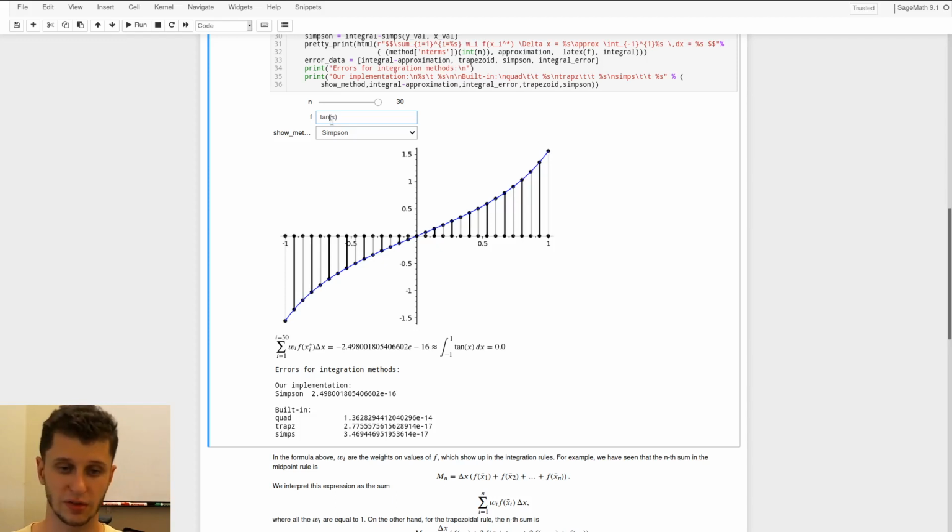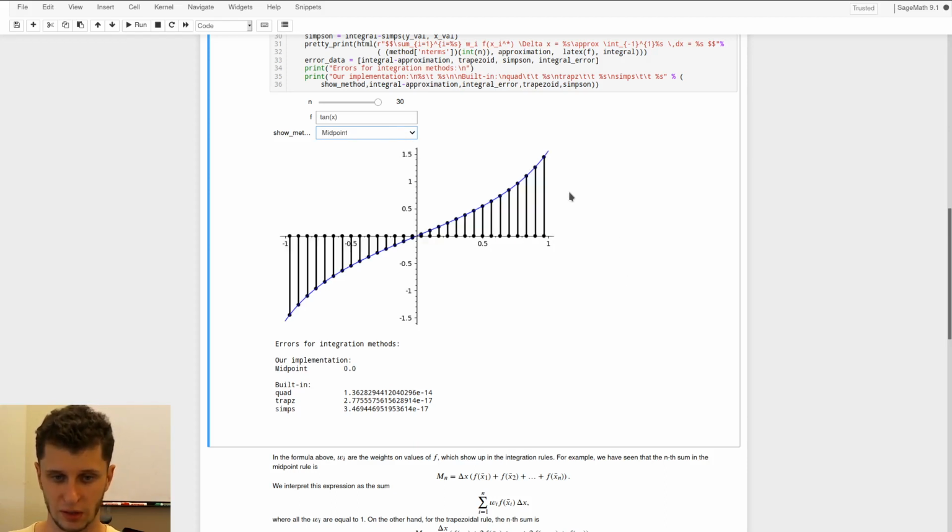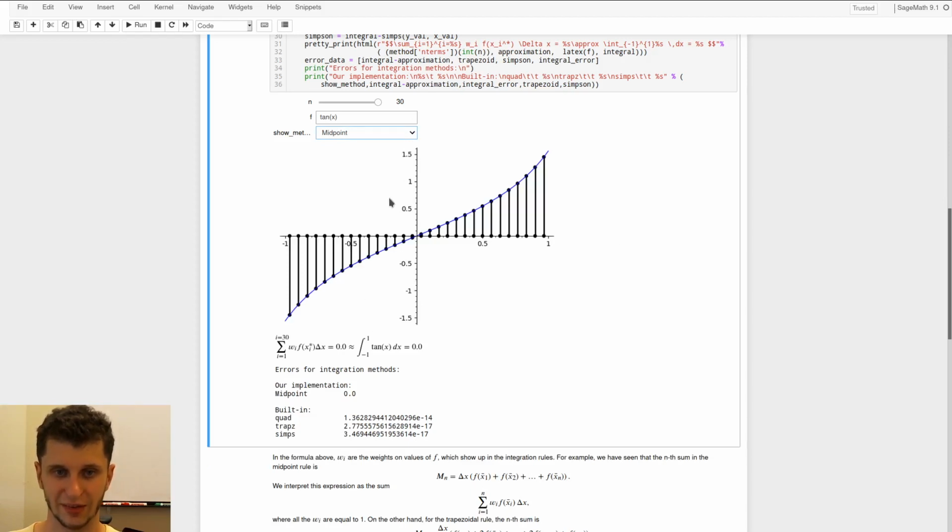Another rather curious observation is that when we integrate an odd function such as tangent or sine, there's apparently some cancellation of error, and we get much, much better results even with our naive implementation of Simpson's rule. So let's try the midpoint rule for the sake of comparing it.